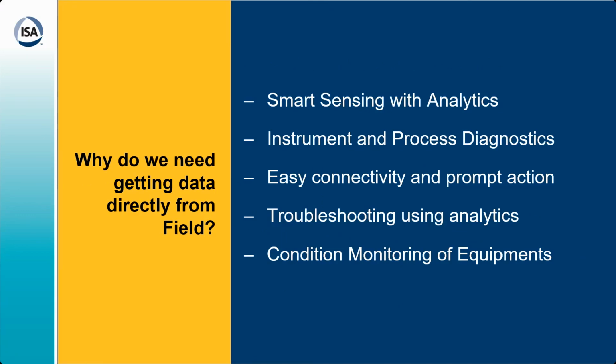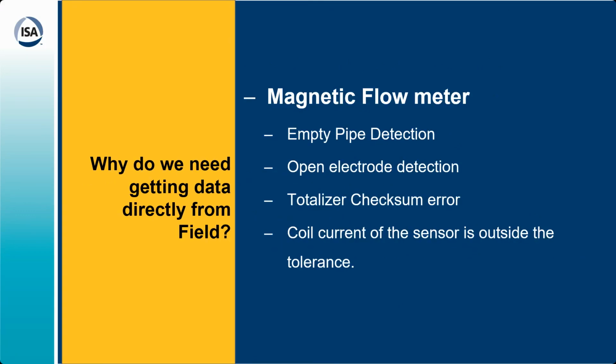There are so many instruments placed in the plant, for example the magnetic flow meter. The magnetic flow meter gives you all this data on a communication platform, but I'm not sure whether people are using this data in their analytics, or to solve plant problems. For example, this is the ENH flow meter, and it gives me all this data.